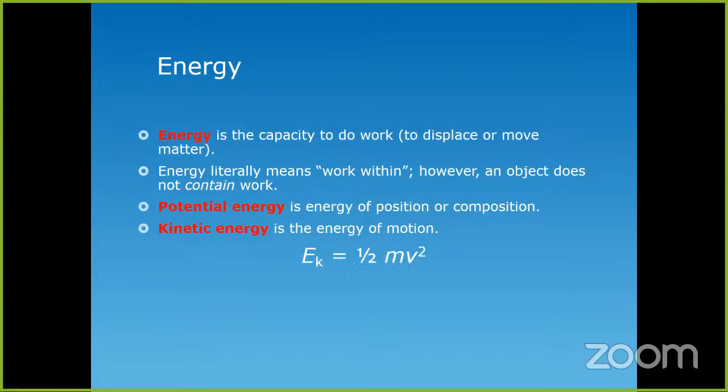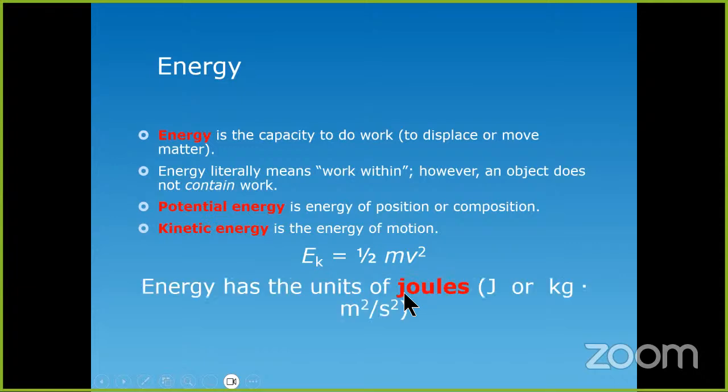Now, there's a formula that is used universally to calculate the kinetic energy of a moving object, and it is this formula right here. Kinetic energy is equal to half mv squared, where m is the mass of the object in kilograms, and v is the speed of the object in meters per second, right? So if m is in kilograms and v is in meters per second, which would be squared because the velocity is squared, then basically the units of energy would be kilogram meters squared over second squared.